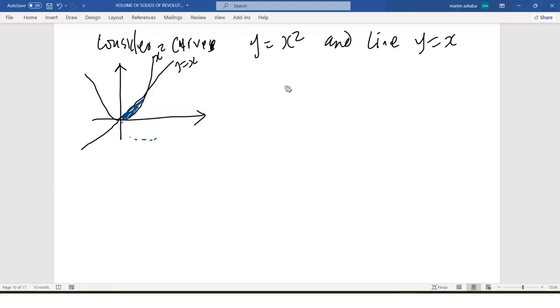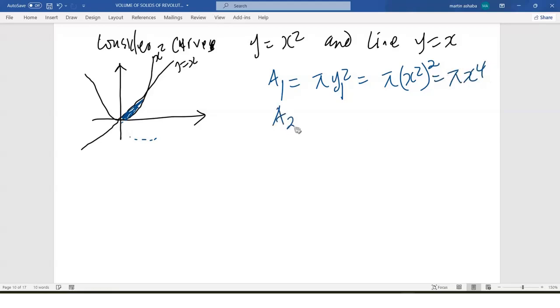I'm saying that area, for example, area A1, for this, you'll have pi y1 squared, which will be pi into x squared, then squared, this becomes pi x to the power 4. Then you have area A2, which is pi y2 squared. This is pi into x, so x squared. So you have pi x squared.